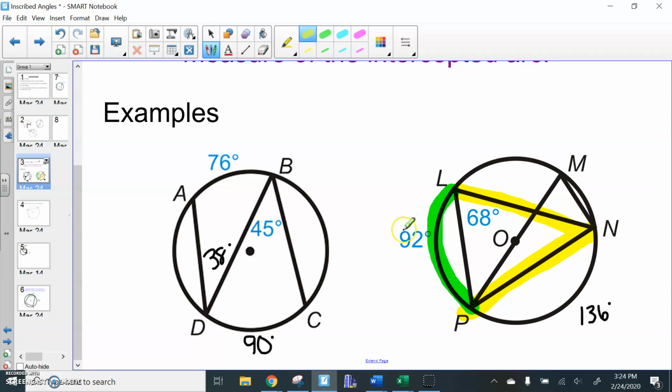If I've got the arc, we want to cut it in half in order to find the angle. So half of 92 is 46 degrees. So that's basically inscribed angles.